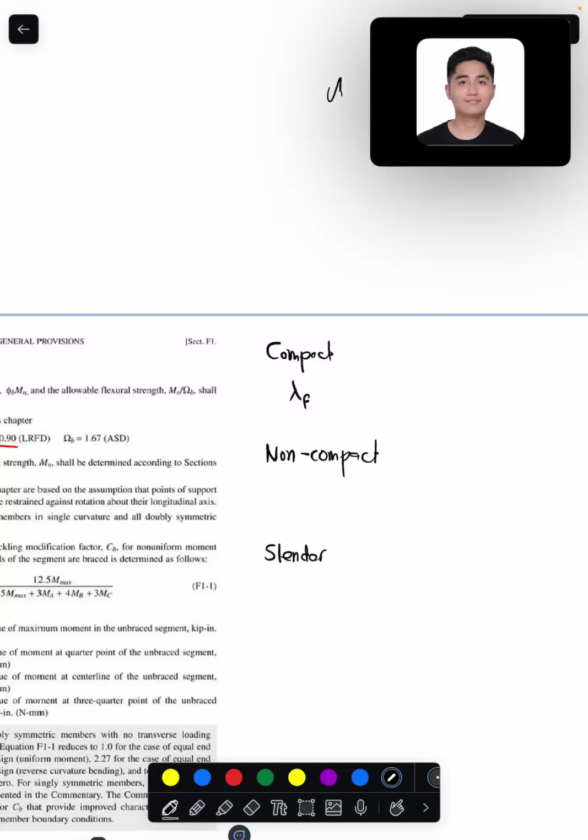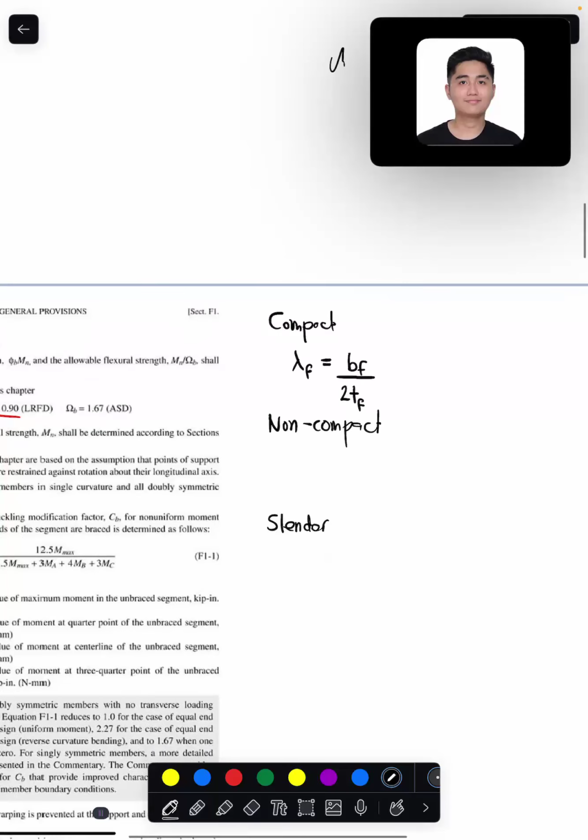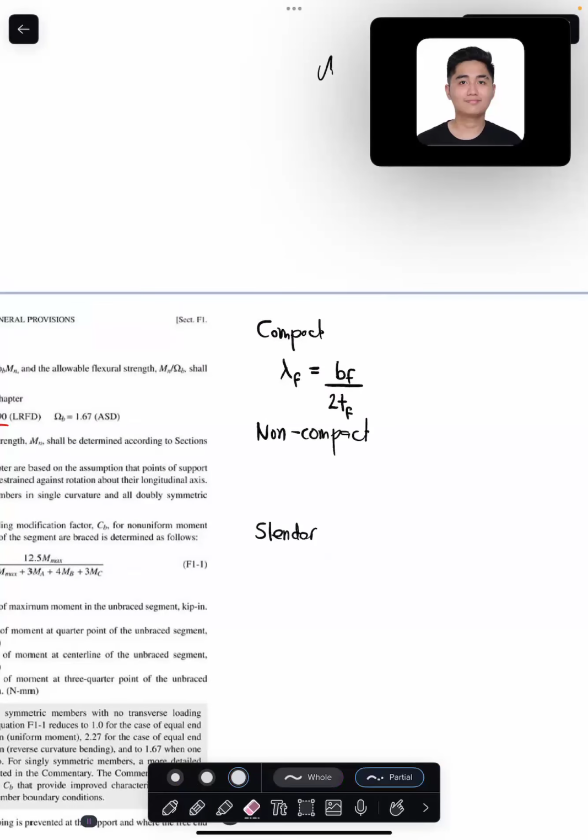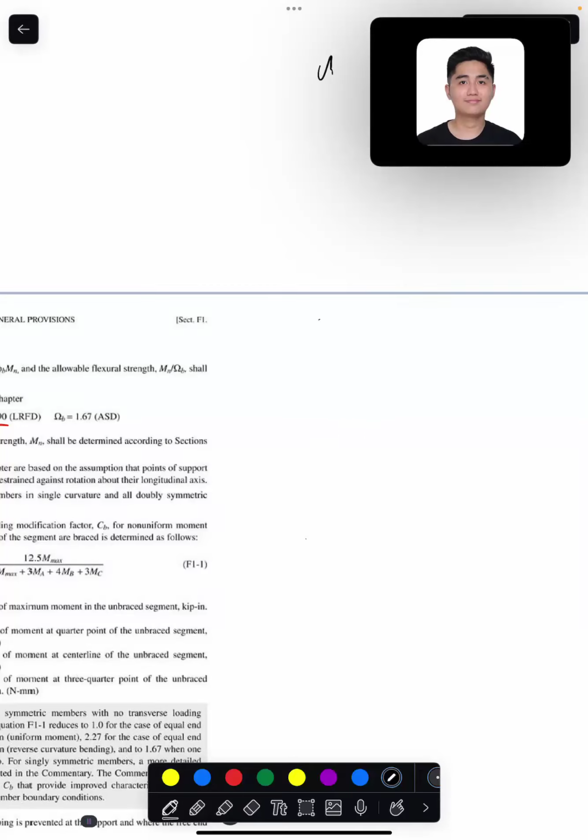So, we just say lambda F equals the width of the flange divided by 2 times the thickness of the flange. So this is what we need to compare in the first place. Actually, it was misplaced, so let me erase it first. Let's just put that the flange is the width of the flange divided by 2 times the thickness.